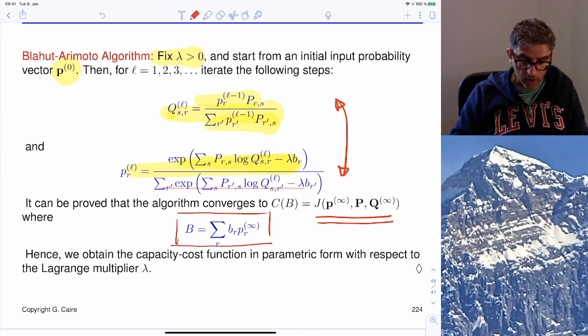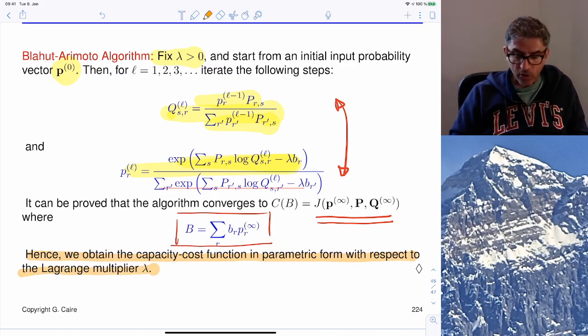Okay? Now, as I say here, we obtain the capacity-cost function in parametric form, where the parameter is the Lagrangian multiplier lambda. Now, why is this algorithm proven to converge?